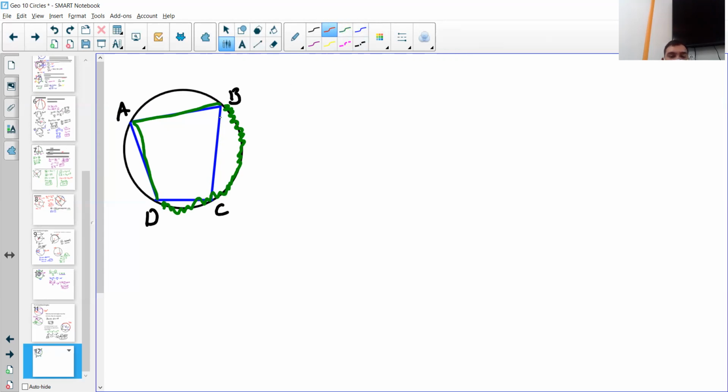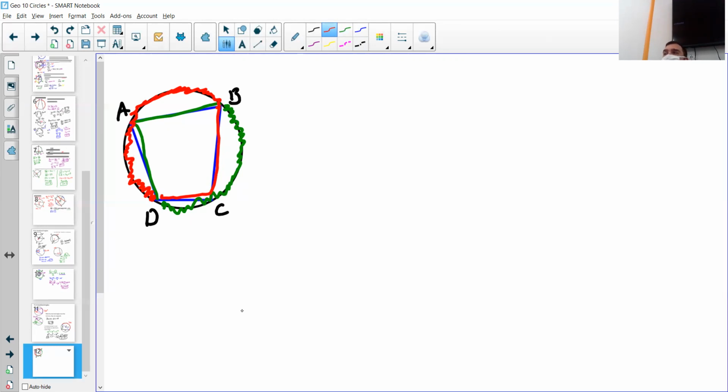And let's look at angle C over here on the opposite side. It has this as an opening. So angle A and angle C, their openings encapsulate the whole circle.